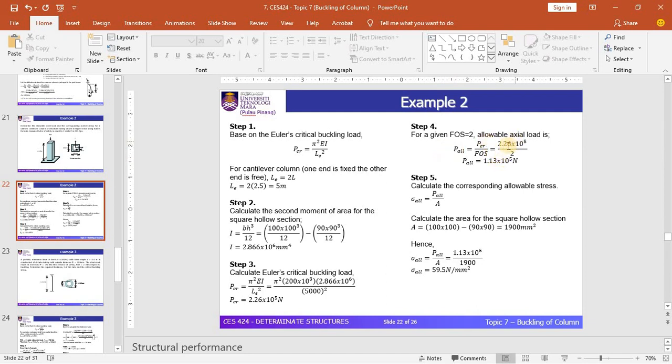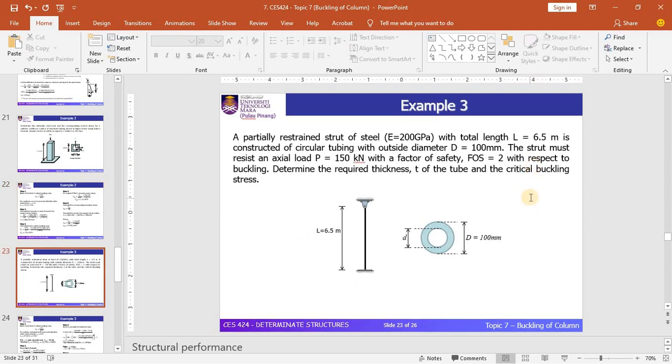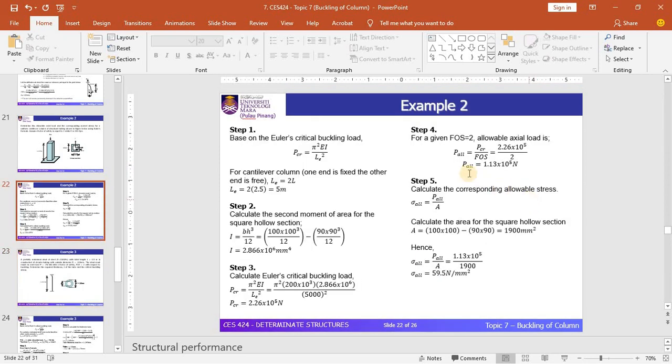By substituting the value of PCR and the FOS, which is given as 2, you can see that the P allowable is equal to 1.13 times 10 to the power of 5 Newton.